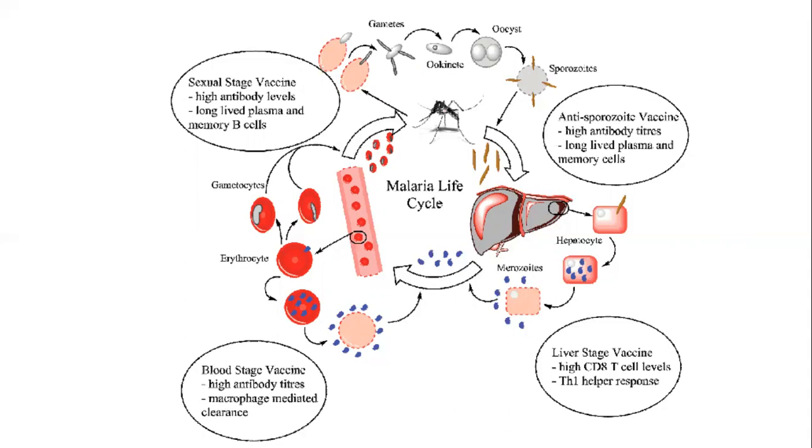Then the sexual stage vaccine, where you have to act against the gametocytes so that they do not mate with each other to form gametes, ookinetes or oocysts.